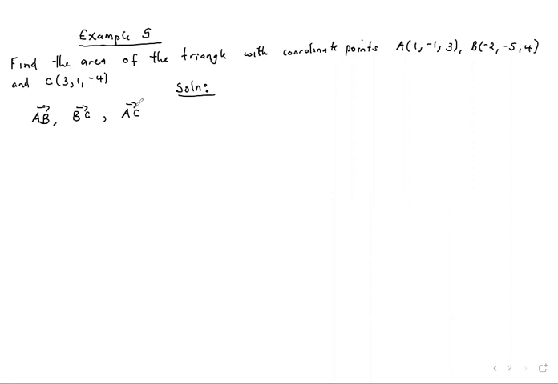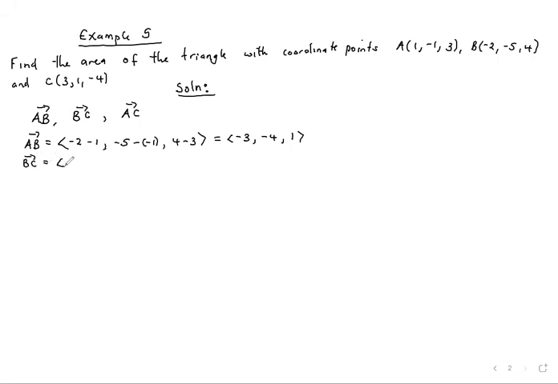Vector AB is equal to, you start from B, subtracting A. So we have -2 minus 1, -5 minus 1, 4 minus 3, giving us (-3, -4, 1).